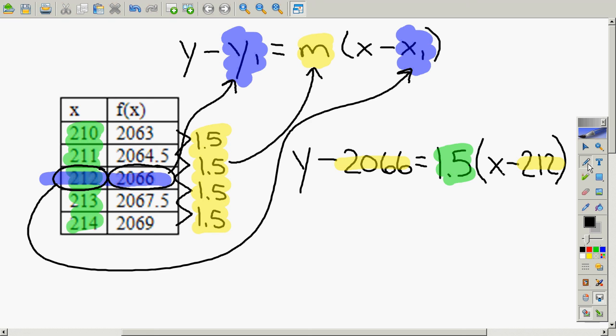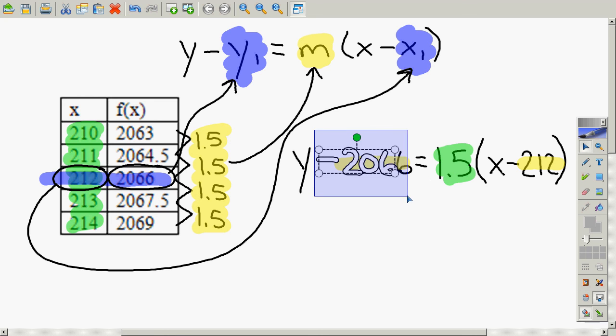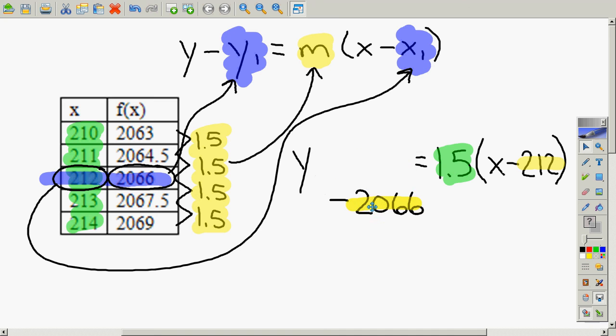Now if you want to check this on your graphing calculator, you can't type it in the way it is. You would have to take this part right here and drag it to the other side. When you drag it to the other side, it's going to turn from a minus into a plus.